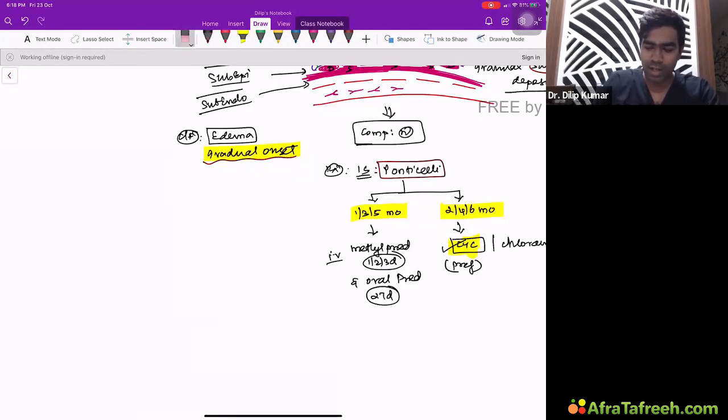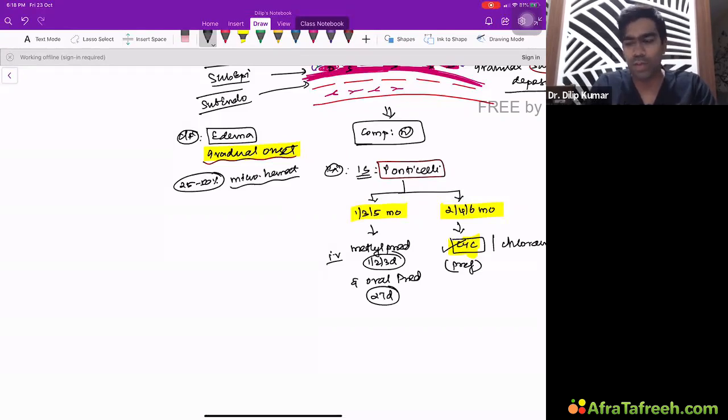And similarly, like how you saw in minimal change disease, 25 to 50% of patients may have a microscopic hematuria, which is quite possible because it's a glomerular disorder. And most of the time they'll be having a normal or a mildly increased BP only, like your minimal change disease most of the time.